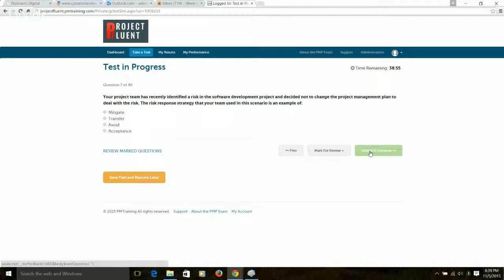The risk response strategy that your team used in this scenario is an example of option A, mitigate, option B, transfer, option C, avoid, option D, acceptance. Acceptance. Sounds like it, yeah.